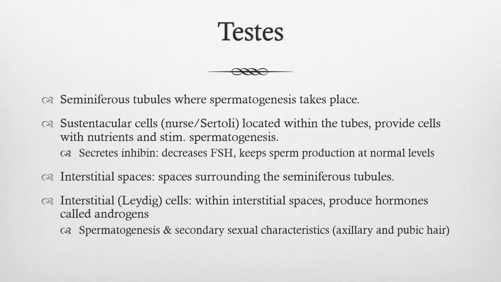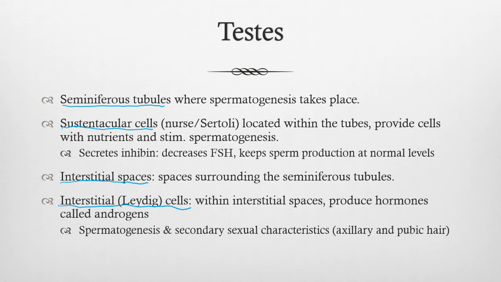The testes themselves on the inside have several different structures. Where the actual sperm production is occurring is within the seminiferous tubules. Inside those seminiferous tubules, we have some different cells: sustentacular cells, and then interstitial cells, which are surrounded by the interstitial spaces.